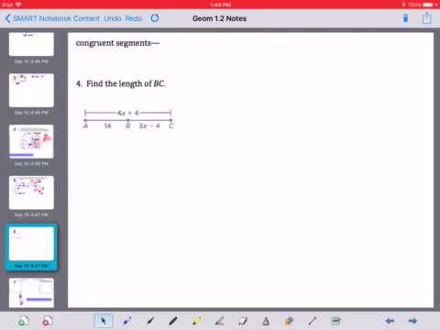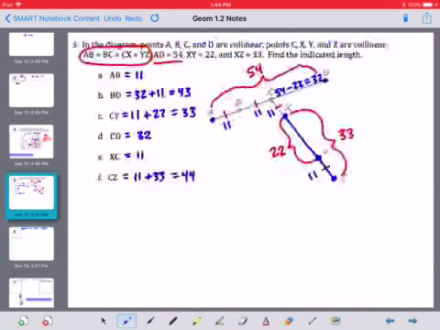All right, our next topic, I've used this term already in today's lesson. Congruent segments are simply segments with equal lengths. So if we think about that previous example, these 4 segments are congruent because they all had a length of 11.